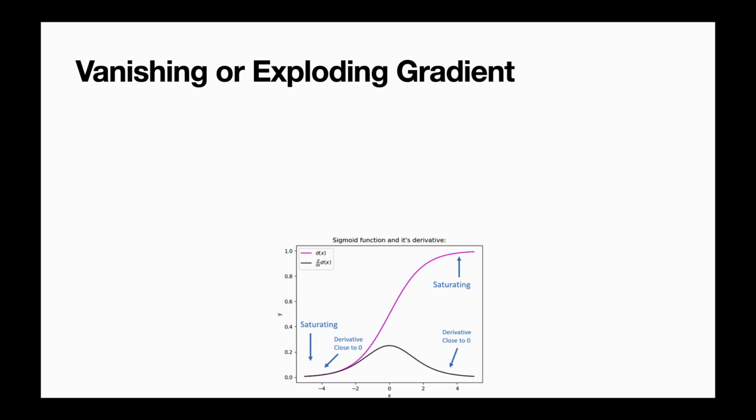So let's start with the vanishing or exploding gradient issue. It comes from the fact that in backpropagation, you are propagating down the error. Let's say you are using a functional form like sigmoid for your activation functions.